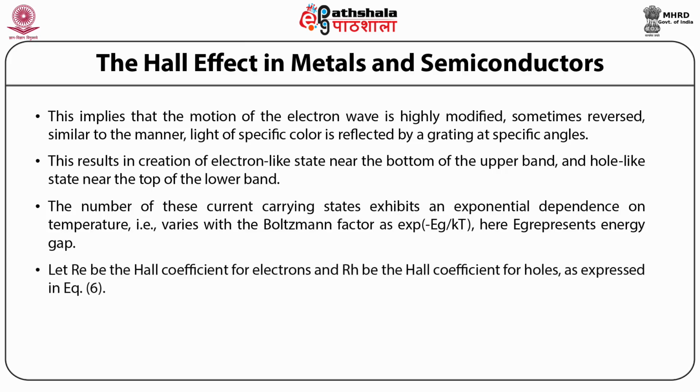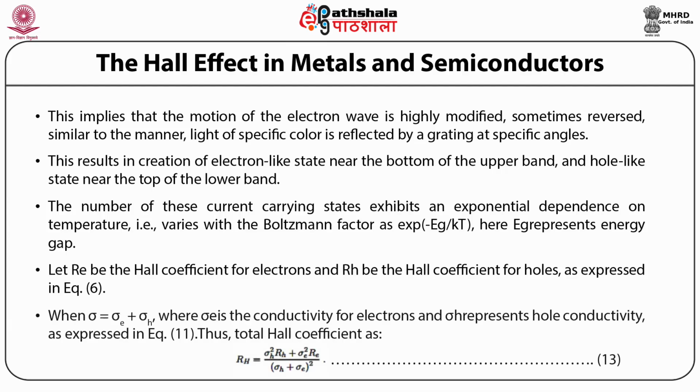Let Re be the Hall coefficient for electrons and Rh be the Hall coefficient for holes, as represented in equation 6. Sigma equals sigma E plus sigma H, where sigma E is the conductivity of electrons and sigma H represents the hole conductivity, as expressed in equation 11.